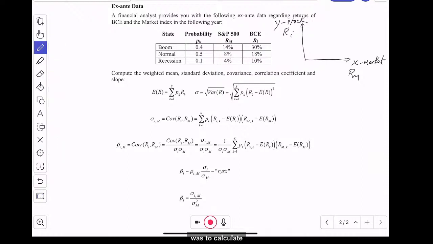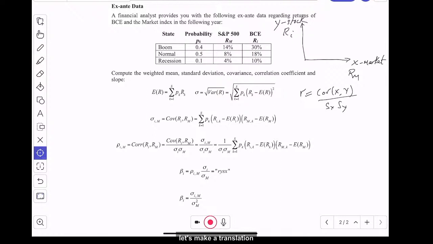If I was to calculate correlation, so correlation with the sample result, so this is the formula for the setting of historical data.